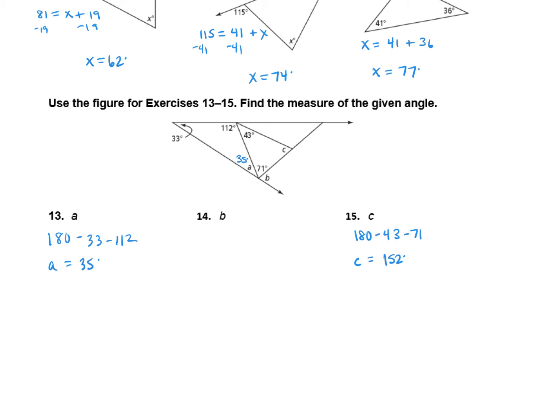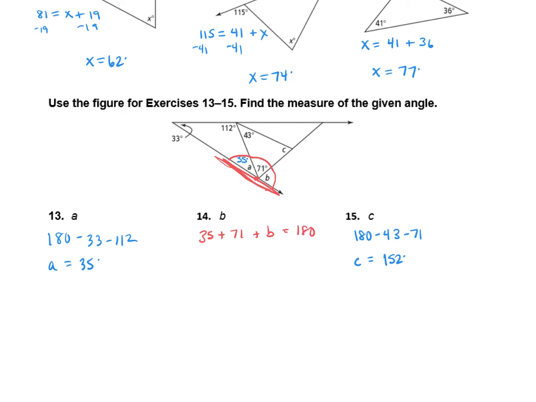There's more than one way to get this answer, but we have angle B, we have 71, and we have 35, all forming this straight angle, sharing a vertex. So those three angles are going to add up to 180 degrees.